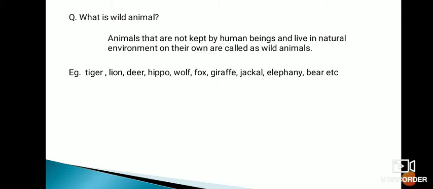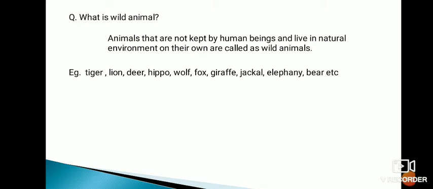Now, what is a wild animal? What is the meaning of wild animals? Exactly opposite to the domestic animal. Let us learn. Animals that are not kept by human beings and live in natural environment on their own are called wild animals. Let us see the examples.